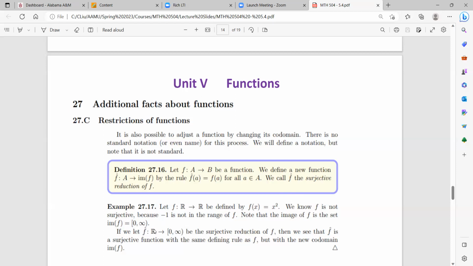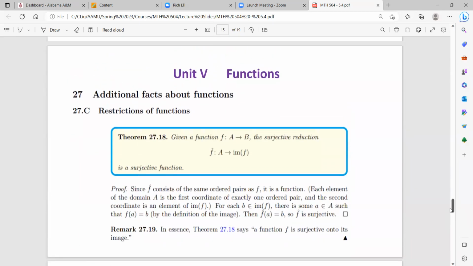Then if you define f hat from R to the set from 0 to infinity, it will be a surjective function. That's the surjective reduction of f, and we call it that because it is surjective now. The rule is still the same, but the codomain changes, so it's a different function.